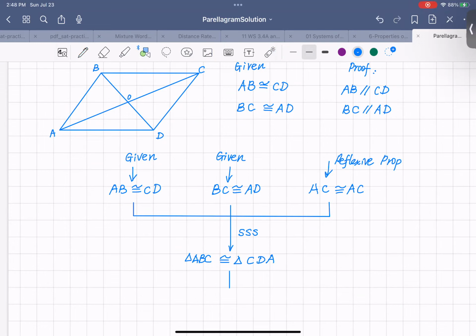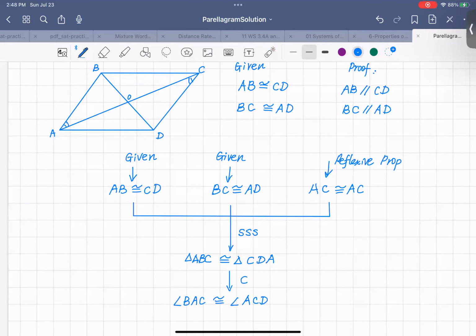So the next thing will be this angle equals this angle. This angle BAC is congruent to ACD. From here to here is something called CPCTC.